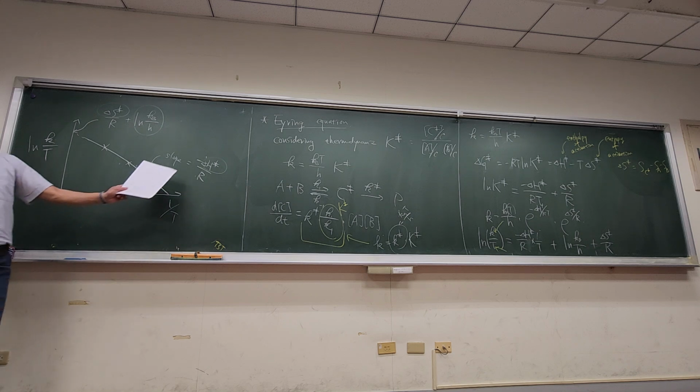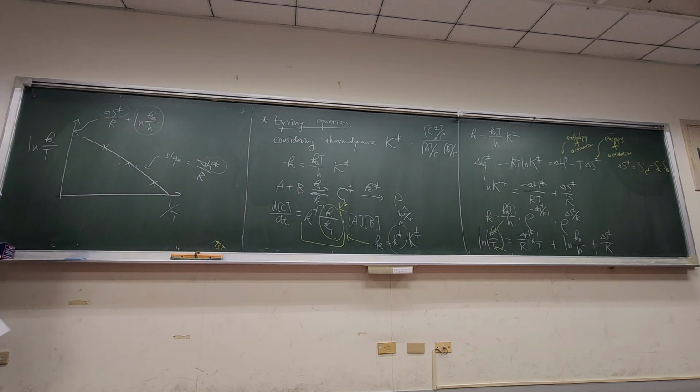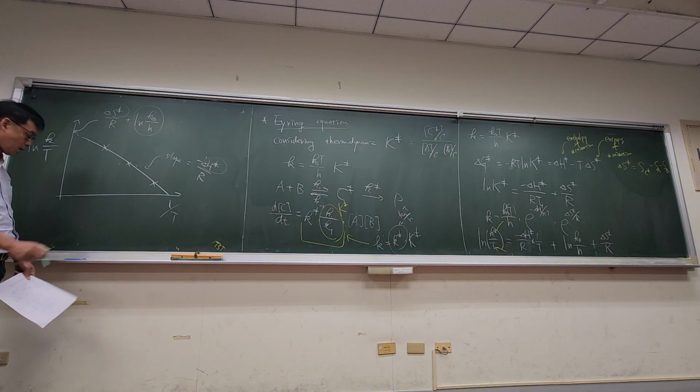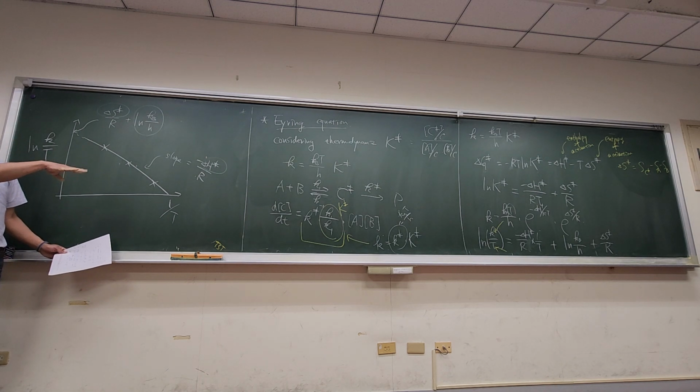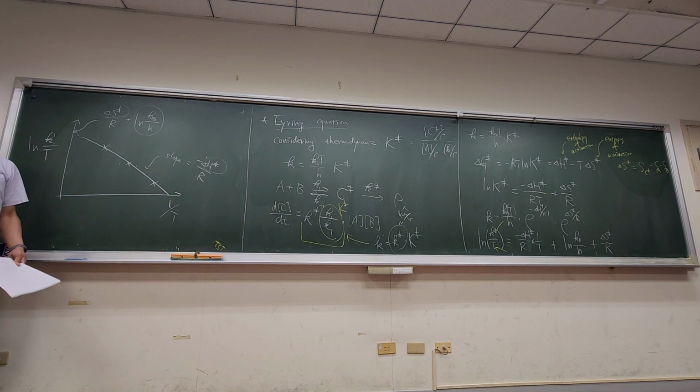And very often, this enthalpy is dominated by energy. So this enthalpy of activation tells us information about the activation energy of the system. And this is an entropic factor. Later on, we will make use of these equations to understand many different factors controlling chemical reactions.